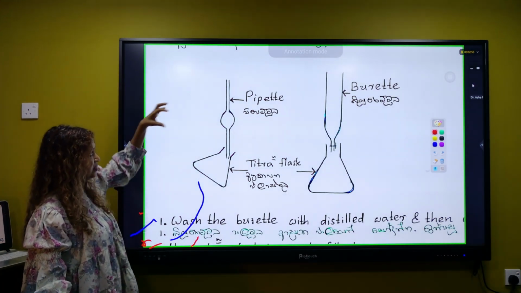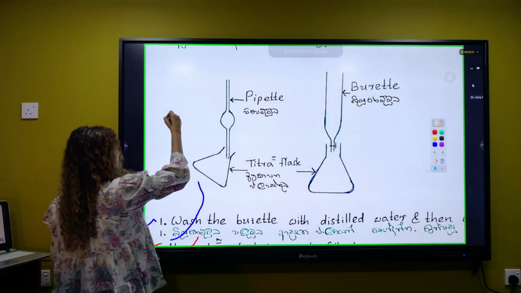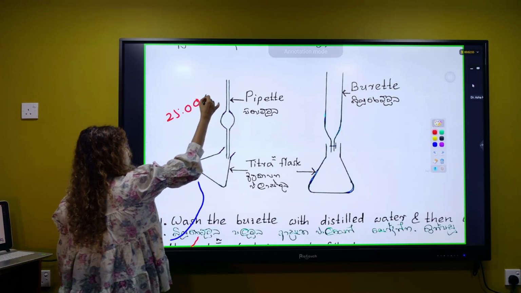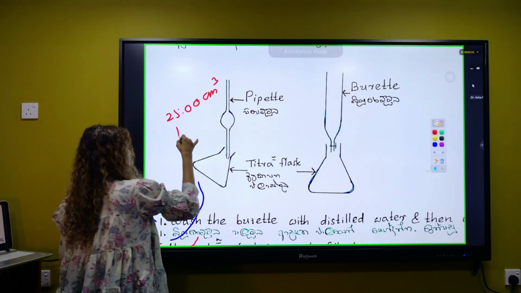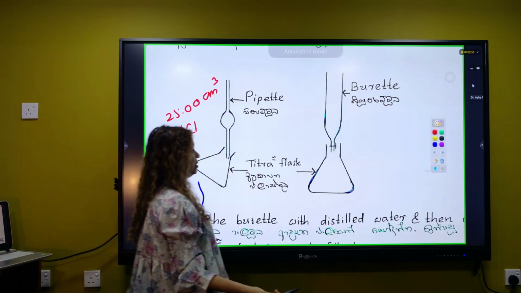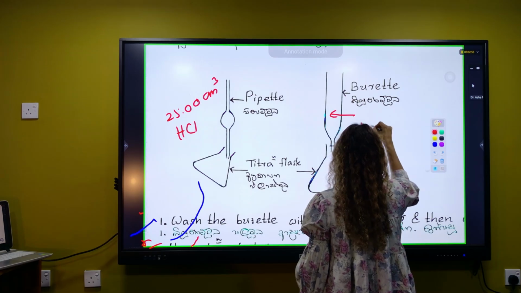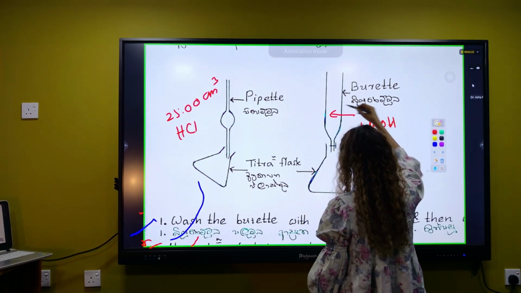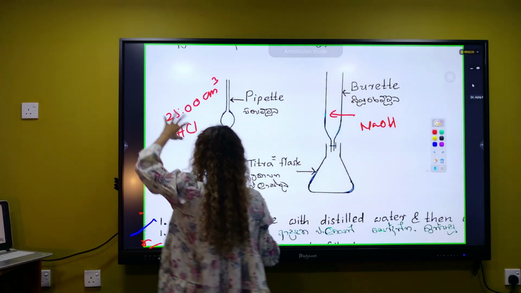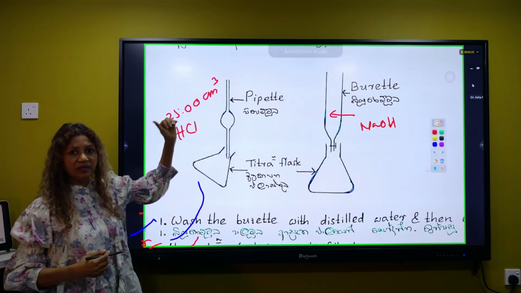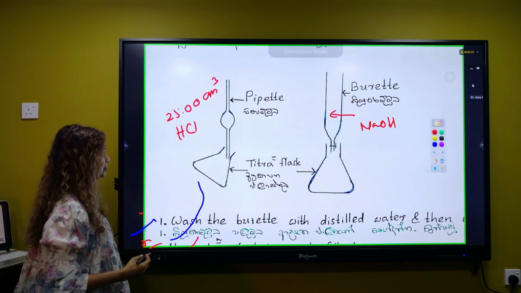And then let's say we fill here 25.00 cubic centimeter of HCl, and to this one I'm adding sodium hydroxide. Depending on the volume, we can add whatever we want, here exactly 25.55. Once you fill that, how do we introduce it to the titration flask?